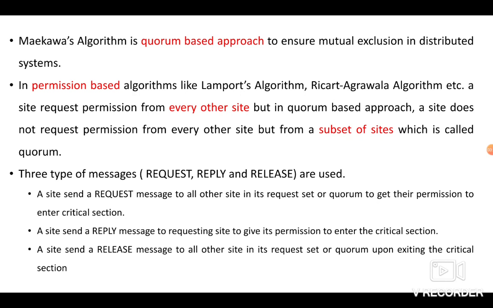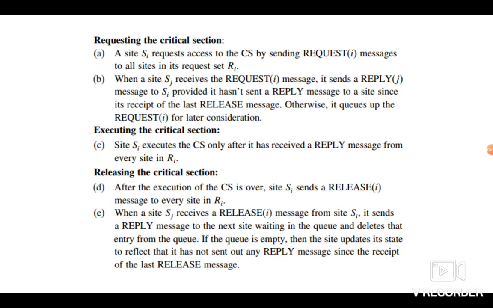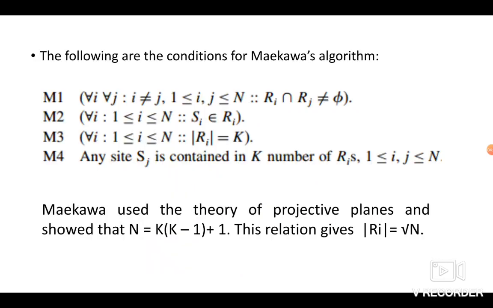After executing the critical section, a site sends a release message to all the other sites in its request set. We don't need to send release to all the sites in the distributed system, just to the sites in the request set. That is the difference. Once again, we have three steps to implement Maekawa's voting algorithm: requesting the critical section, executing the critical section, and releasing the critical section.